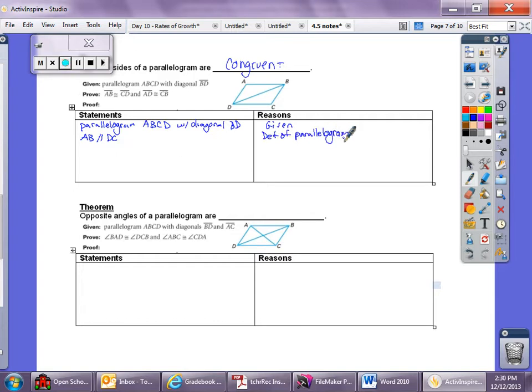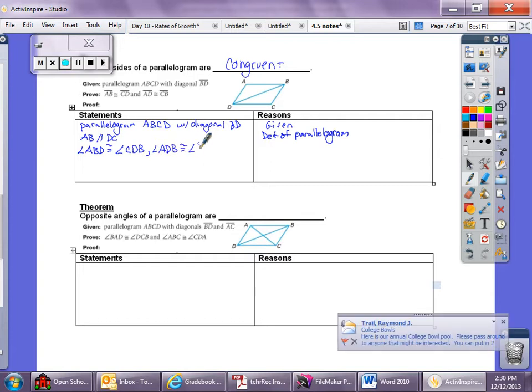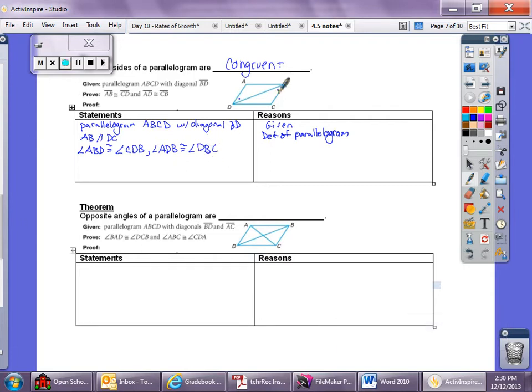Then we also know that angle ABD is congruent to angle CDB, and angle ADB is congruent to angle DBC. So these angles are congruent, and these angles are congruent.